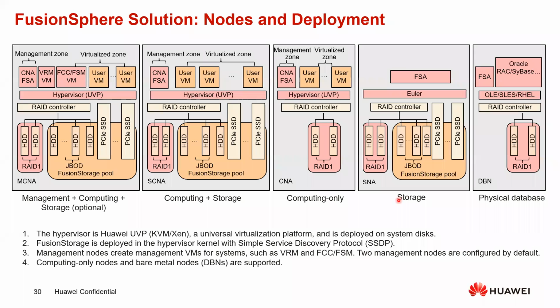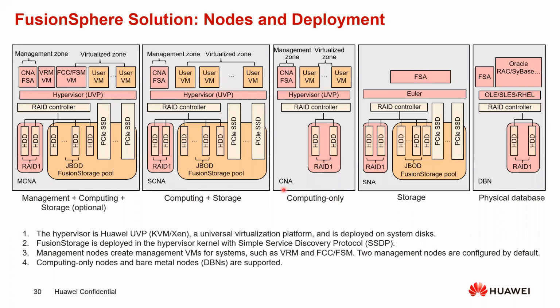The storage node is the node which contributes the storage space in Fusion storage. There are multiple hard disks, and all these hard disks contribute to making a storage space. This storage space is connected via the Fusion storage agent.